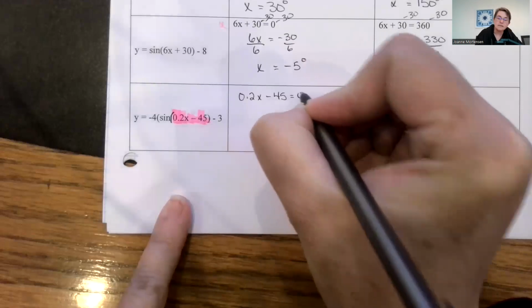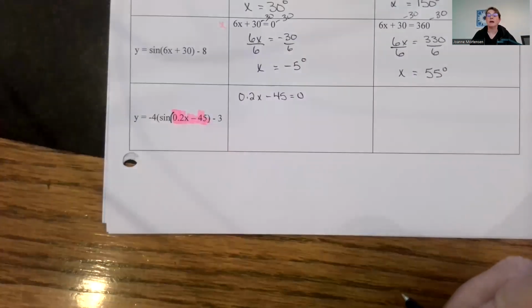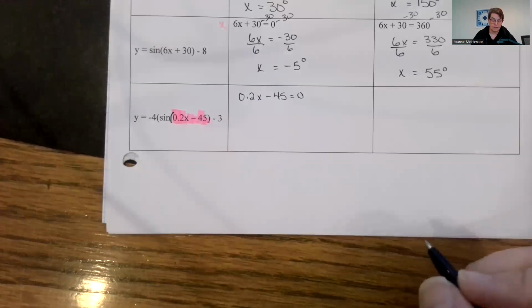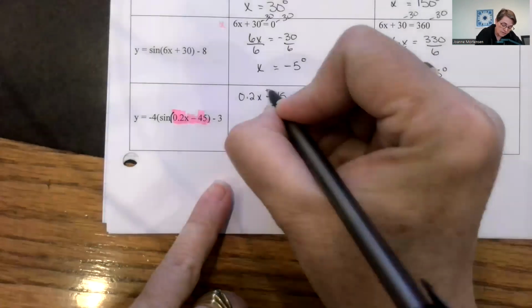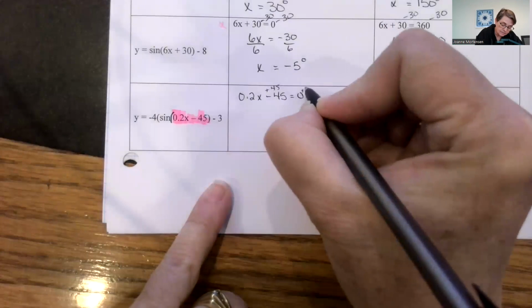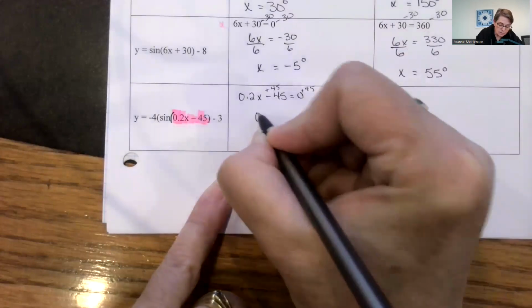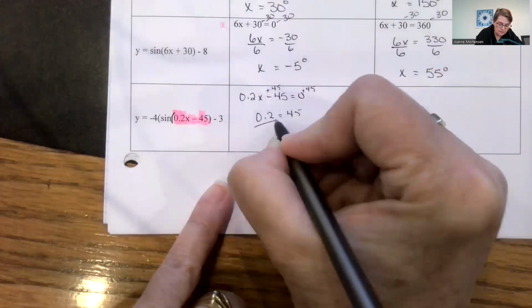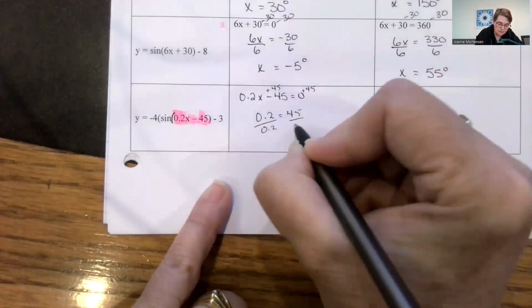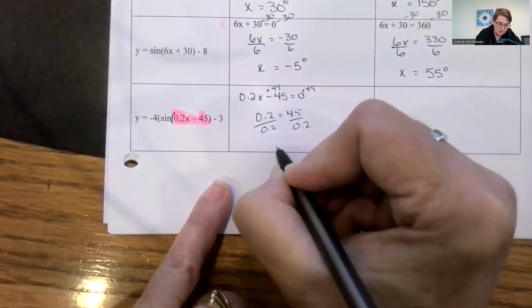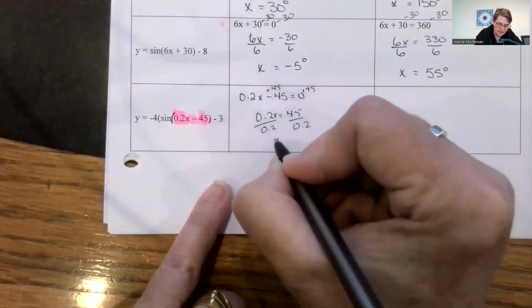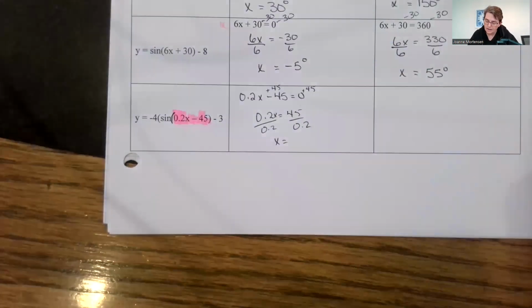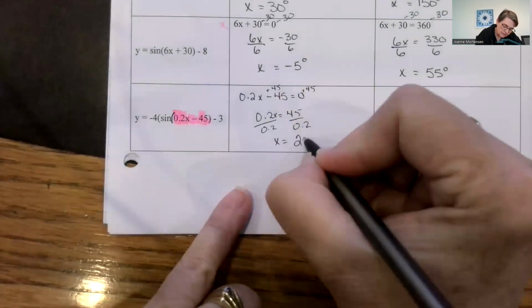From my start, I make it equal to 0 because that's where the graph normally starts, and we're messing with it. I'm going to add 45 first. 0.2x is equal to 45. Divide by 0.2, divide by 0.2. X is equal to 45 divided by 0.2, 225 degrees.